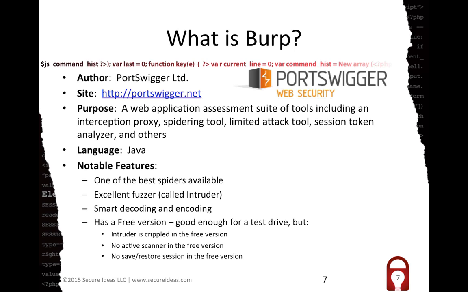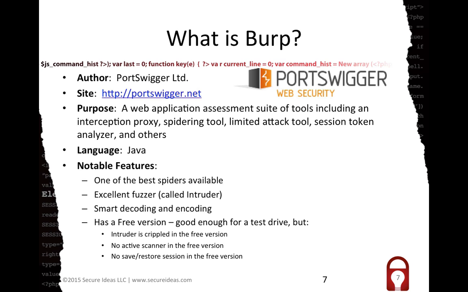I'm going to talk a little bit about Burp, which is an interception proxy. Before I do, I'll explain briefly why we have chosen Burp: it is a commercial product, and it kind of is the de facto standard, in terms of a commercial product anyway, for web pen testing.